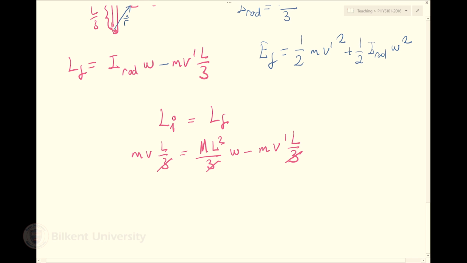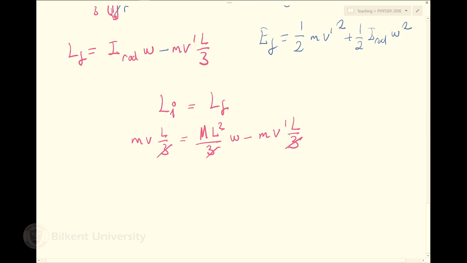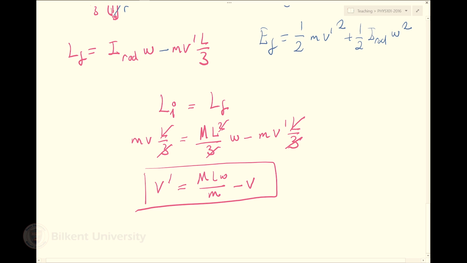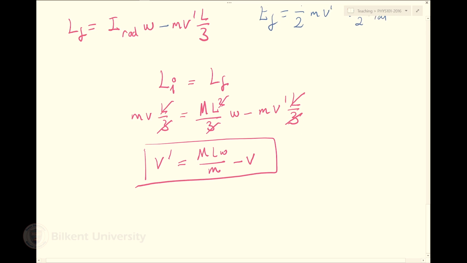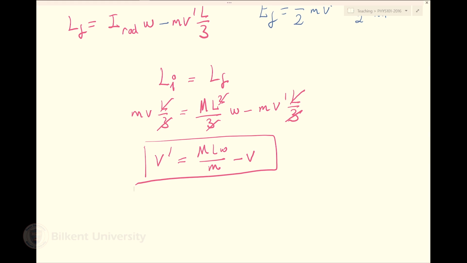So apparently one power of L also cancels. V prime is what? V prime is M L omega divided by small m, minus v. Right? Now I need to conserve energy.